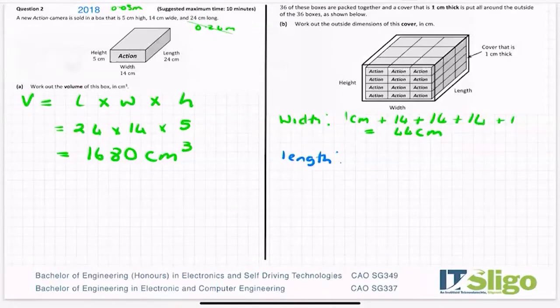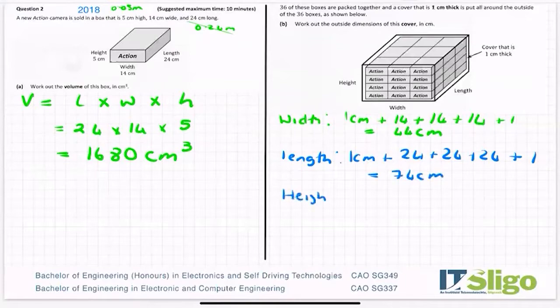Okay, the length. I have three boxes back as well, is it? Yeah, so 3 boxes back. So I'll have a 1 centimeter and a length and a length and a length and the cover. So it's 24 by 3, 72, and add on the 2, so 74 centimeters. And then the height, I have 1 centimeter plus 1, 2, 3, 4 heights.